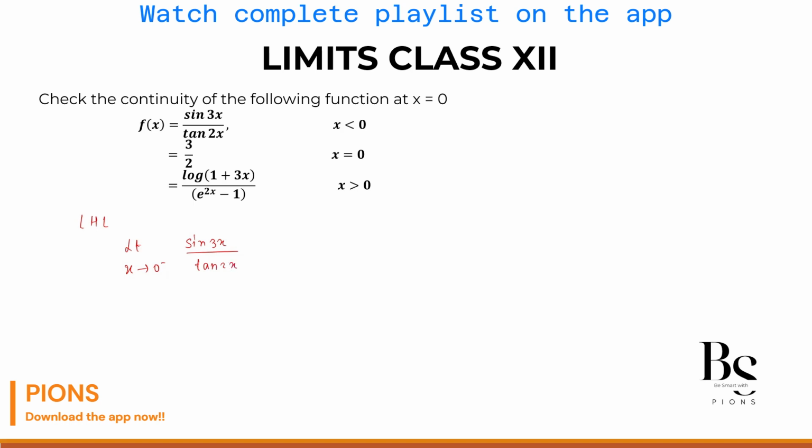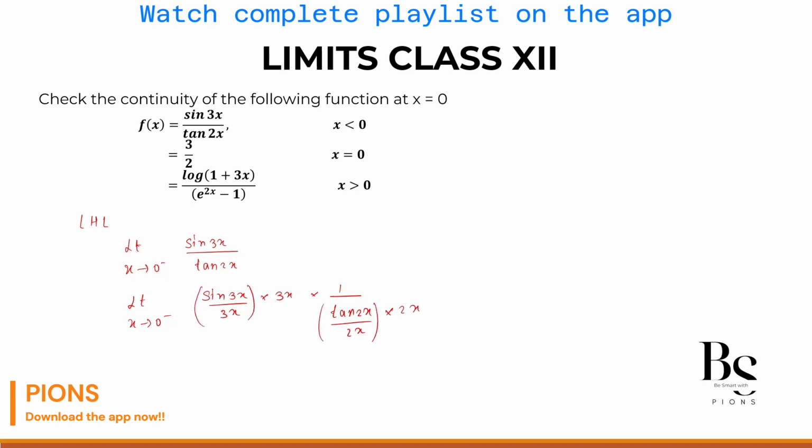Correct? Now what I'll do, I'll just separate them and rationalize them. So limit x tending to 0 negative sine 3x upon 3x into 3x, correct, into 1 upon tan 2x. Tan 2x can be written as tan 2x upon 2x into 2x. Correct?